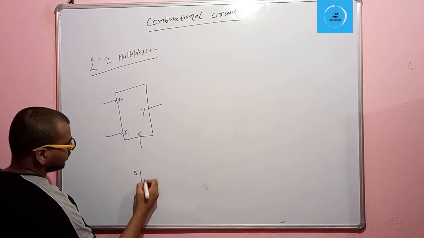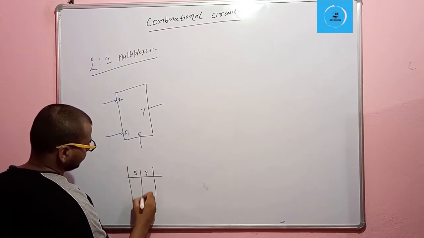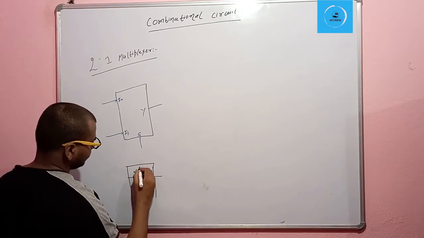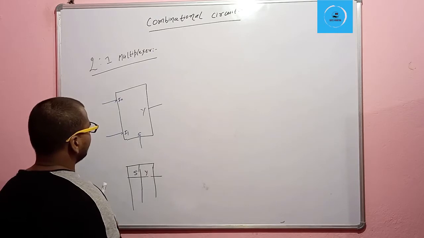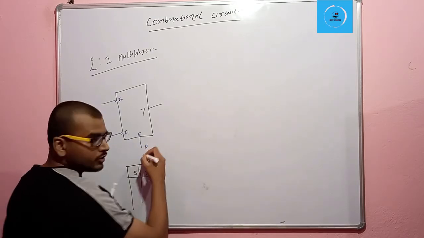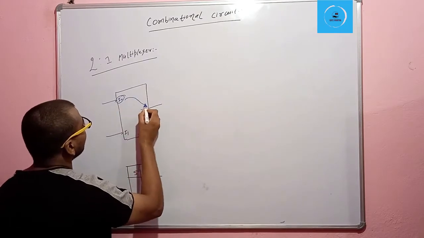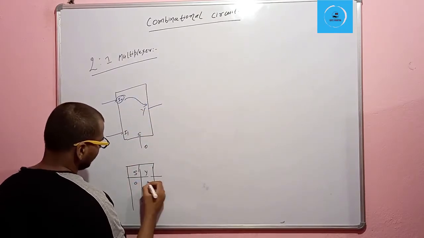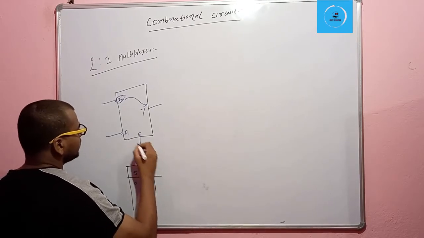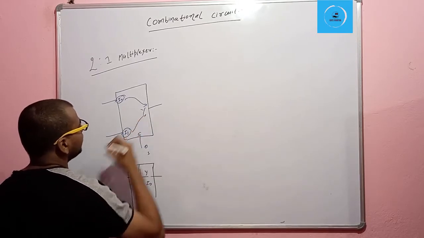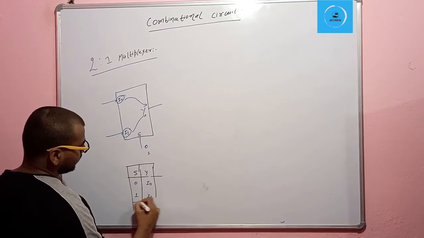Here will be S and here will be Y. So when the switch S is 0, then this I0 will be present at the output, and when the switch is 1, this I1 will be present at the output.